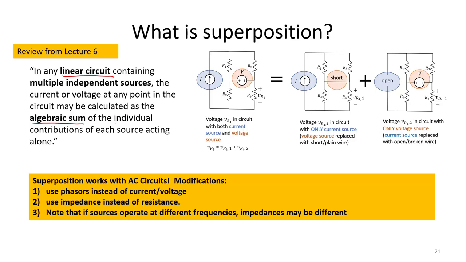So once again, here we are looking for independent sources and a linear circuit. It is still possible to have a circuit be linear and a source be independent, even if the source has some time dependence. So time-dependent AC sources can still be linear.